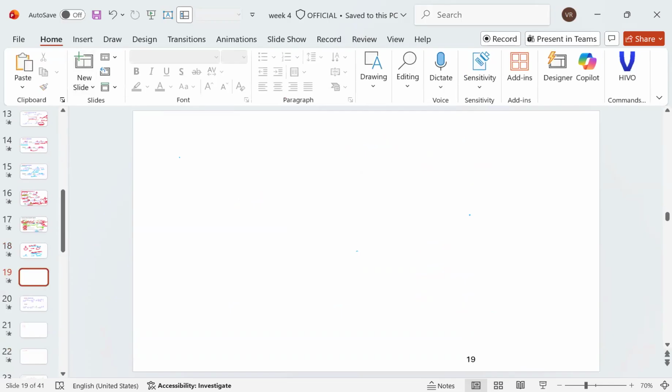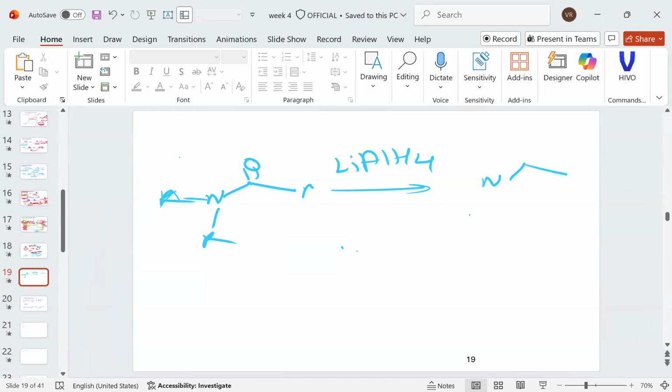Now, adjacent to the N, this is R, this is R. If you use LiAlH4, this can be reduced to R3N.